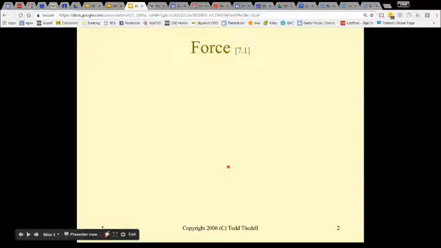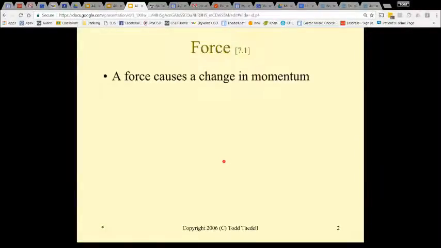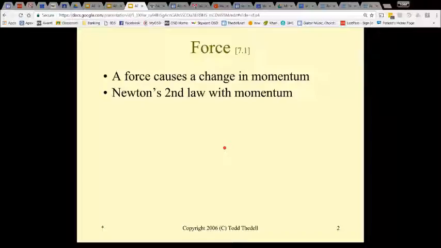So with momentum, force is a cause of the momentum. So either an object that is at rest, a force put onto it will give it momentum, or if it has momentum, a force will take the momentum away. In actuality, Newton's second law was actually written in terms of momentum.